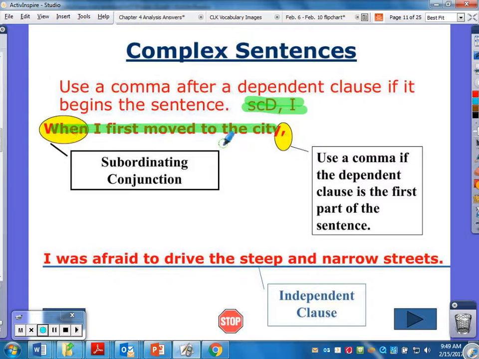We need help from an independent clause in order to make sense. I was afraid to drive the steep and narrow streets. This clause makes sense on its own. But when we have the dependent clause coming first, there has to be a comma after it. This shows the reader that he or she has to pause when reading.